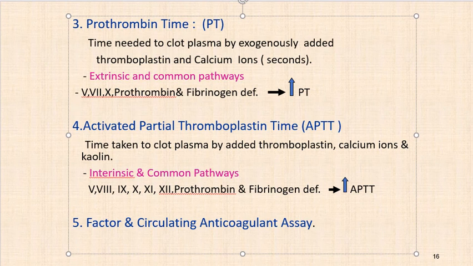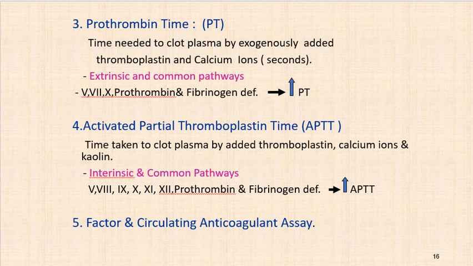Test number 4 is activated partial thromboplastin time, abbreviated as APTT. It is the time taken to clot plasma by added thromboplastin, calcium ions, and kaolin. In this test, another thing, kaolin, which is a contact factor, is added to the plasma, and the time needed to clot plasma is measured and noted in seconds.